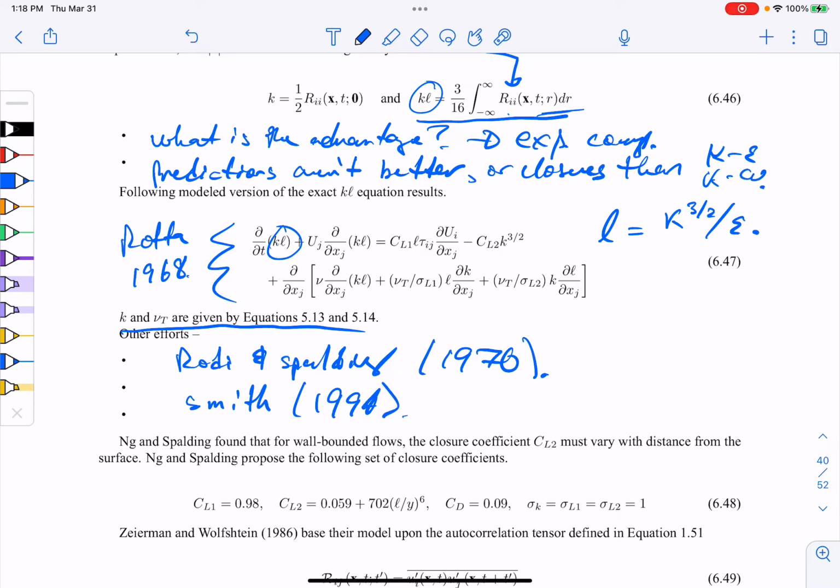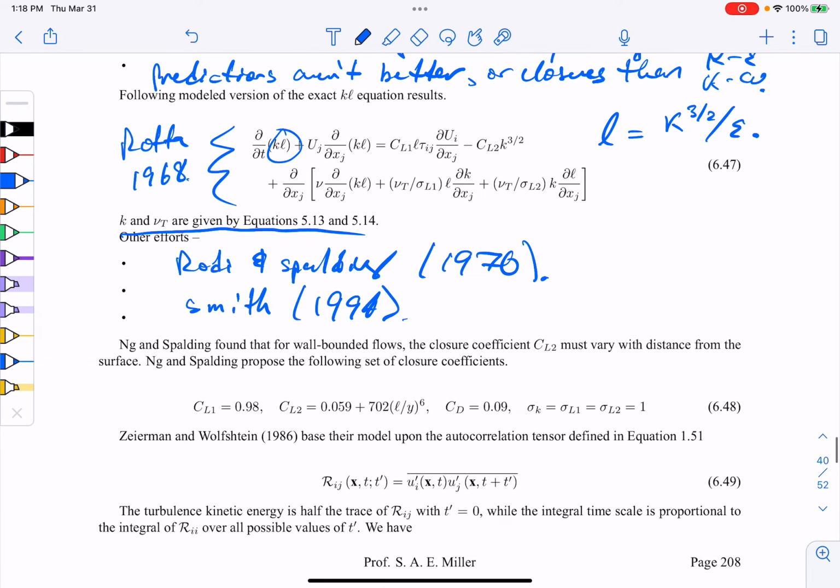Anyway, there are some closure coefficients. Another disadvantage is that some of these researchers, like Rodi and Spalding, found that some of these closure coefficients might depend on distance from the wall in a KKL model if you want to have good agreement with a wide range of experiments. So that's another disadvantage.